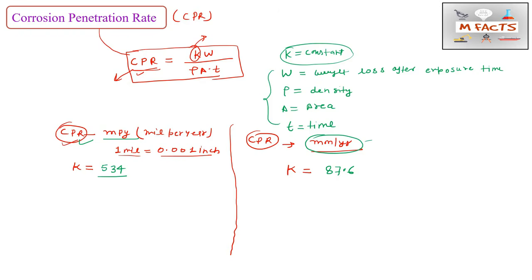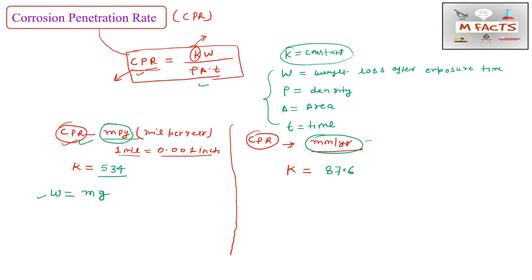And what about the rest of the terms? What units are used for the other quantities? W is calculated in milligrams, that is mg. If we want to calculate in mils per year, we should use these units for the different values.